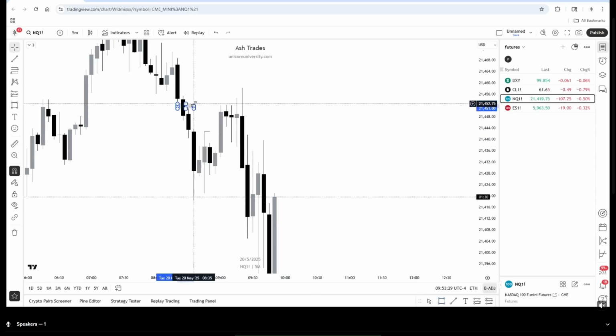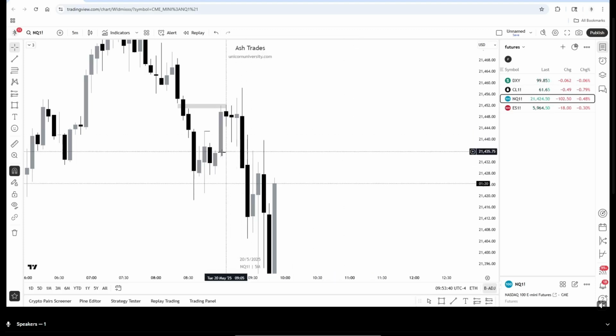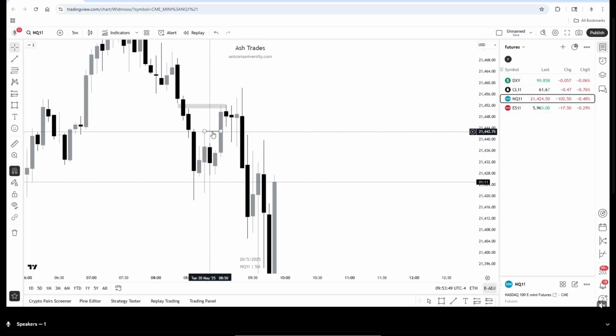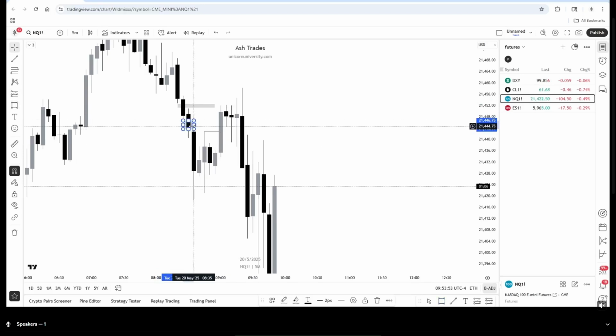In terms of liquidity, price is only ever doing two things: running above a swing high or a swing low to grab liquidity, or it's rebalancing an imbalance. This is the move right here. These two candles are what ran above this swing high here and rebalanced the FVGs.